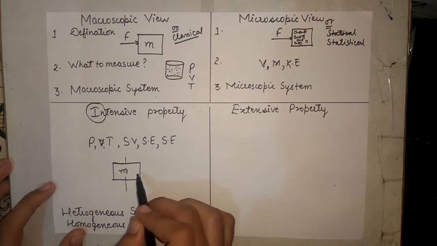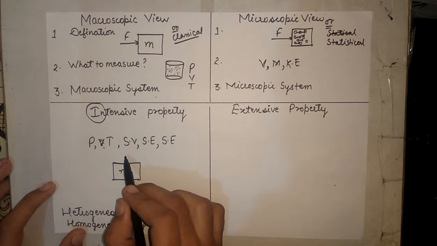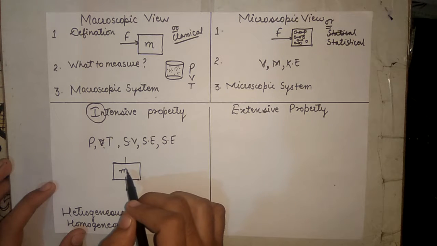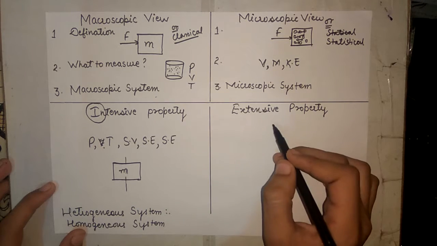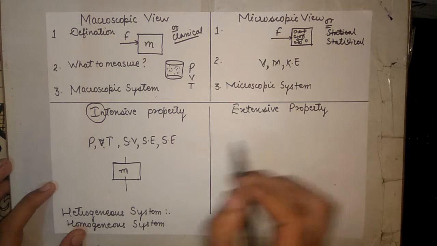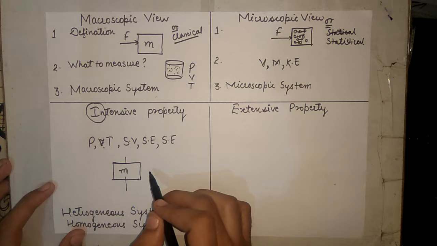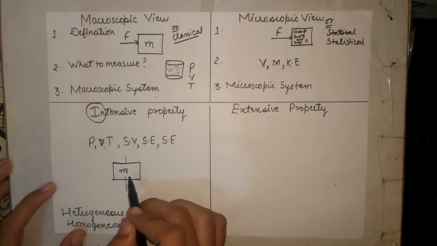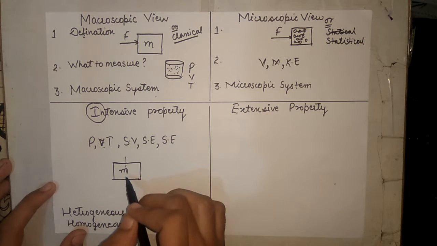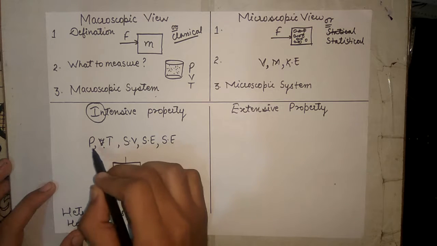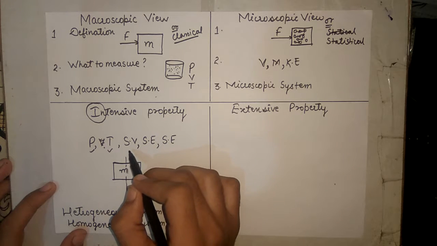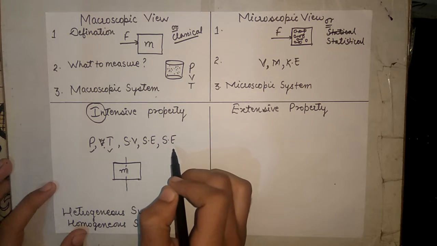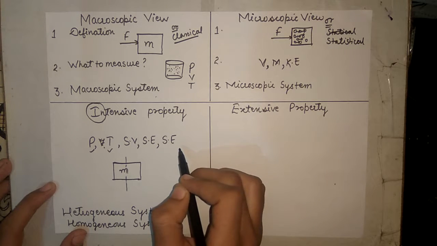And if the property changes when the mass is divided into two parts, those properties will be extensive properties, because they vary as mass changes. So for intensive properties, if I divide into two parts, pressure will remain the same, temperature will remain the same, and specific volume, specific enthalpy, and entropy will be the same.